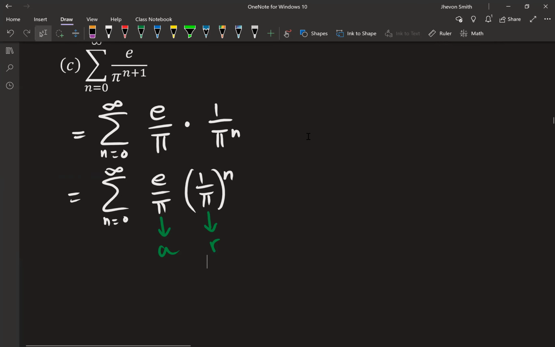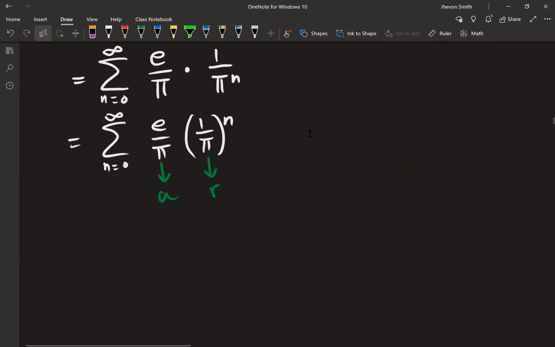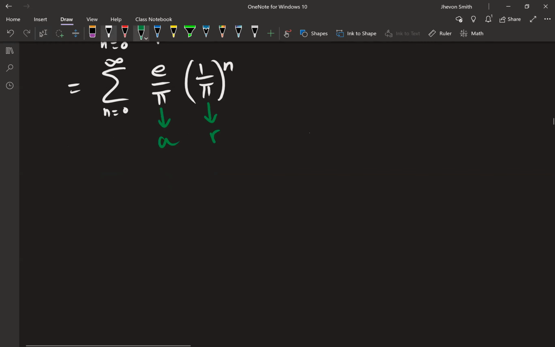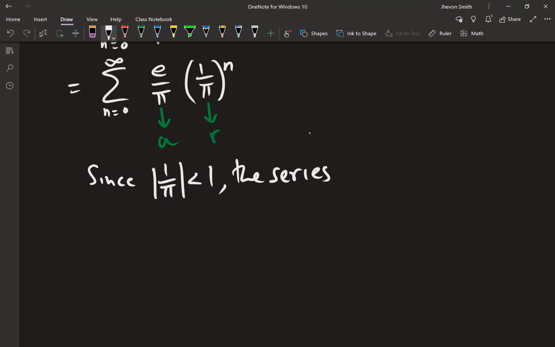So there we go. Since 1 over pi is less than 1 in absolute value, the series converges. In fact, absolutely. Do you think that the answer is e over pi minus 1? It converges to a over 1 minus r.